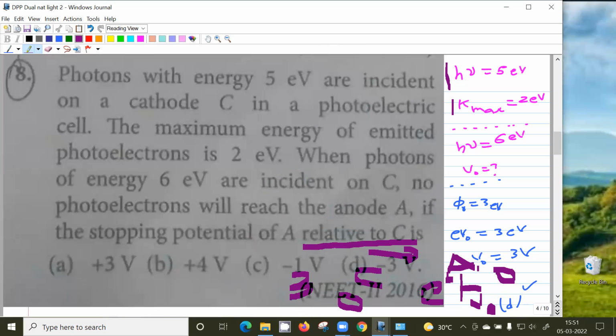Cathode is plus 3, right? And anode is 0. So it will move towards the cathode. Wherever it's positive, it will move, right? Yes, sir. Relative to C means cathode is 0 and anode is minus 3. So relatively positive is the cathode, and it will move towards the cathode.